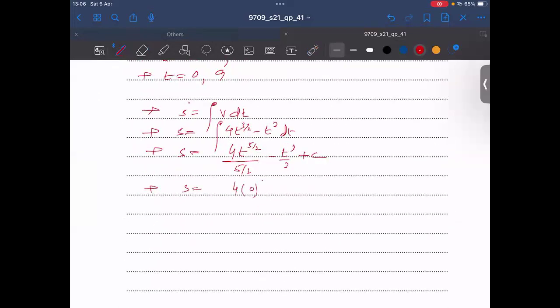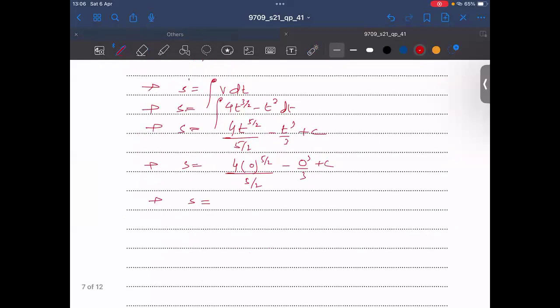So it's going to be 0 to the power of 5 over 2 divided by 5 over 2 minus 0 to the power of 3 over 3 plus c, s coming out to be 0. Sorry, c coming out to be 0. So you have s equal to 8 over 5 t to the power of 5 over 2 minus t cube over 3.